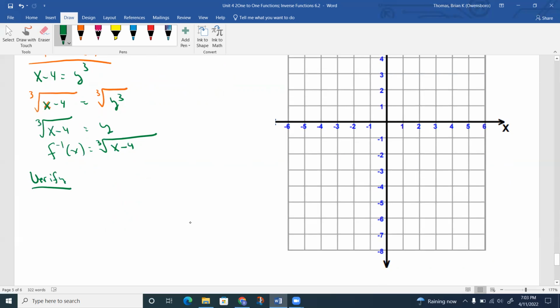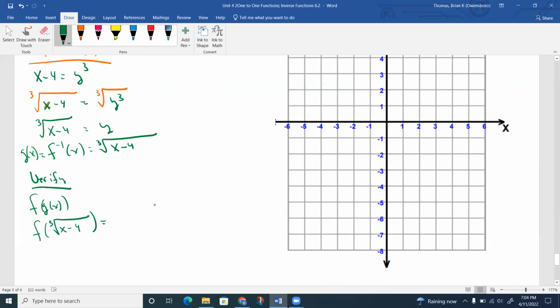we have to evaluate f of g of x. Again, g of x is going to be used as the inverse here, so I don't have to use the f of -1 notation. So g of x is the cube root of x minus 4, and I have f of the cube root of x minus 4.